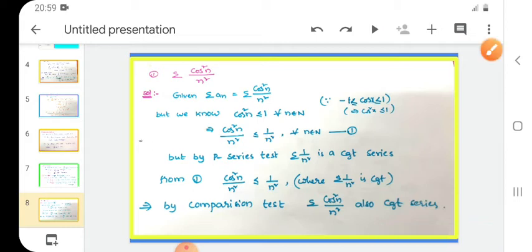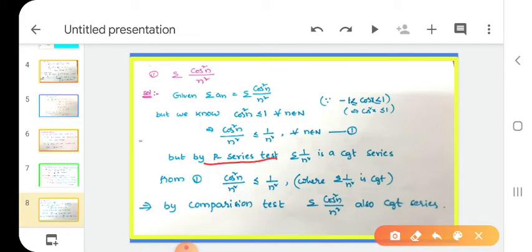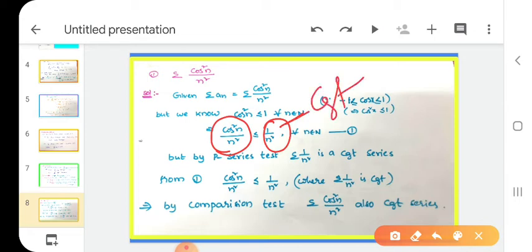By the P series test, summation 1 by n square is a convergent series since p equals 2, greater than 1. Now see here, there are two series. Which is bigger, which is smaller? 1 by n square is bigger than cos square n by n square, and it is convergent.